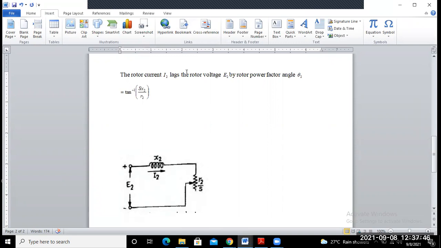So what is the total power transfer from the stator to the rotor part? Okay, so we can write here, this is your circuit equation.